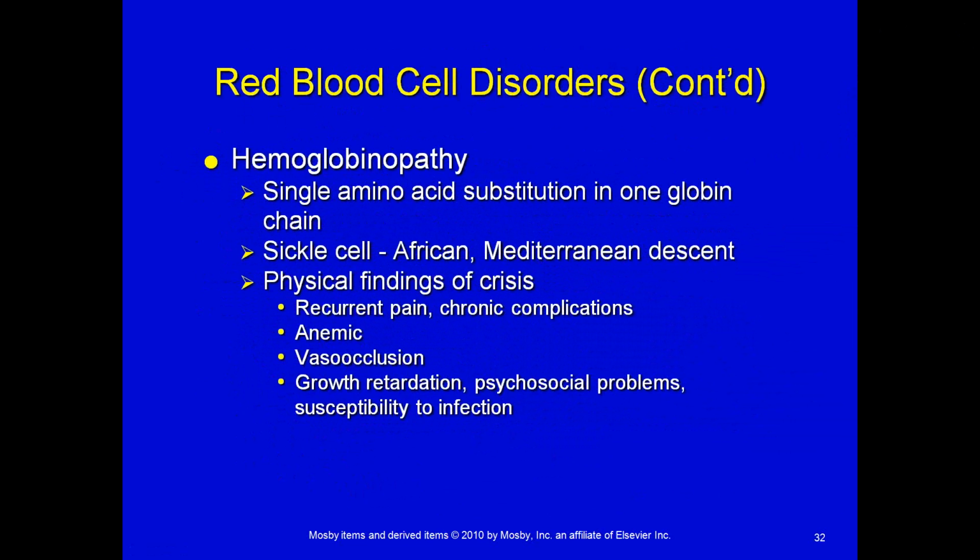Because it is sickle shaped, it carries very little oxygen, but is part of the overall red blood cell count. So these patients are anemic as a result of not being able to carry oxygen because of their abnormally shaped red cell. And because they're abnormally shaped, they don't necessarily fit through those smaller vascular spaces.